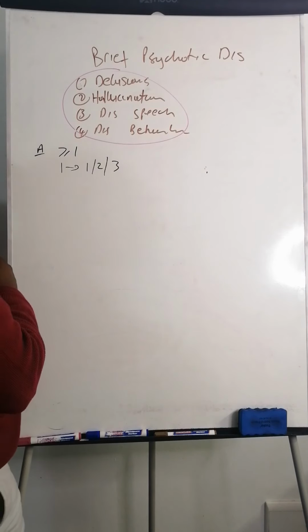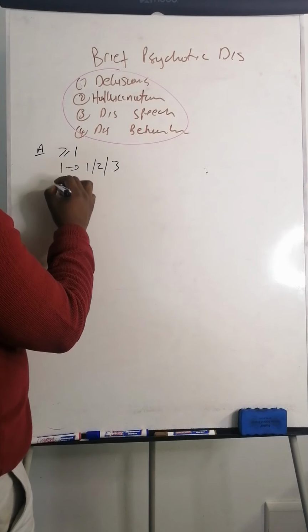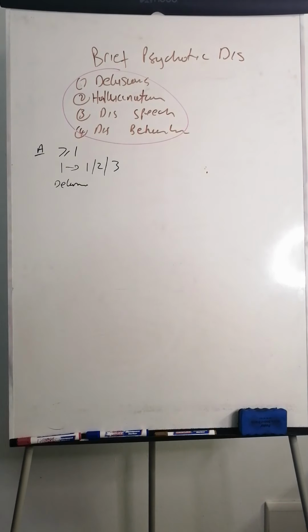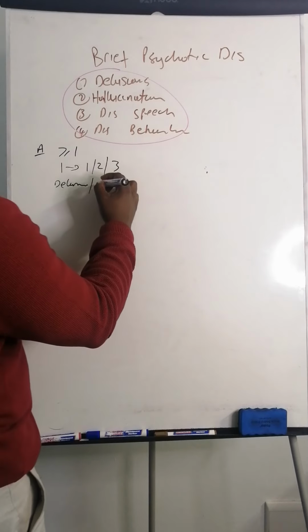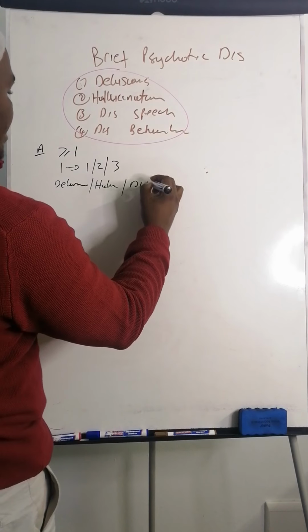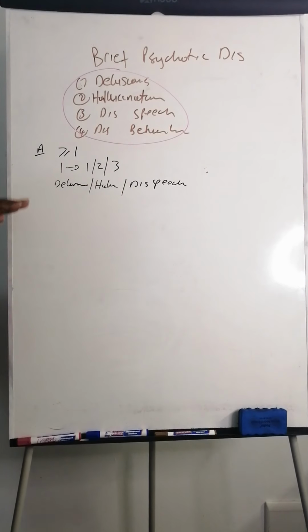So when a patient has got a delusion, that's enough to diagnose. Yes, we are going to talk about other things, but I'm just talking about criterion A. So according to criterion A, if you have a delusion or a hallucination or disorganized speech, then you meet criterion A already.